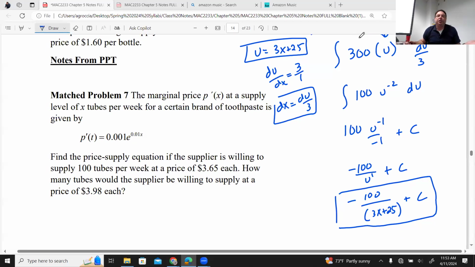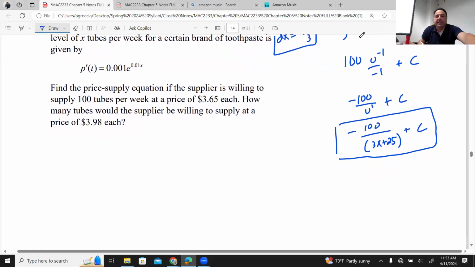The issue we have at this point, people, okay, we had marginal price. Now I have price to be negative 100 over 3x plus 25 plus c. But then everyone's going to ask, what's c? You can't just put plus c plus some number. It could be positive, it could be negative, it could be small, it could be big. I need to know what c is.